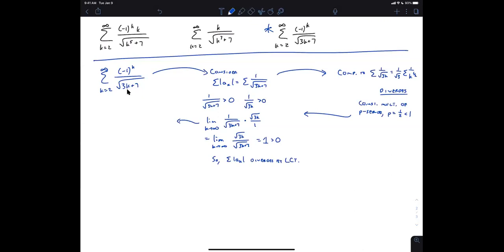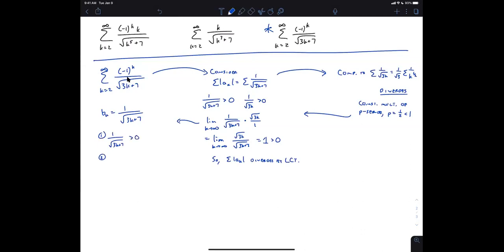That's what the alternating series test is saying. For the alternating series test, you say, okay, well, b_k is the non-alternating part of the series. And you show 3 things about b_k. If those 3 things are true, then the original series, a_k, converges. First, b_k is positive: 1 over the square root of 3k plus 7 is greater than 0.